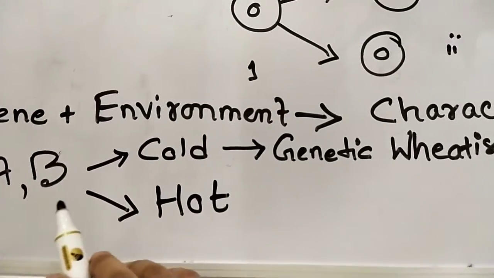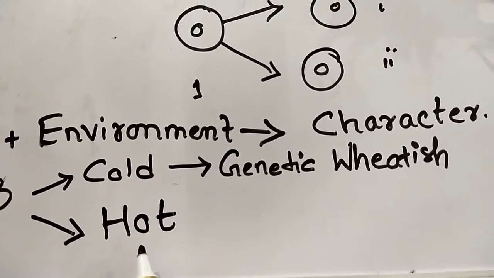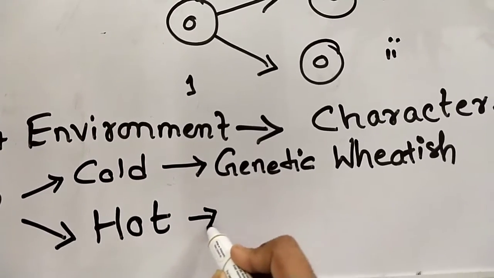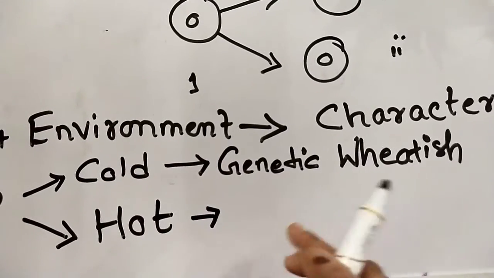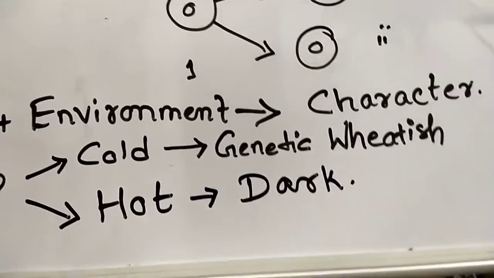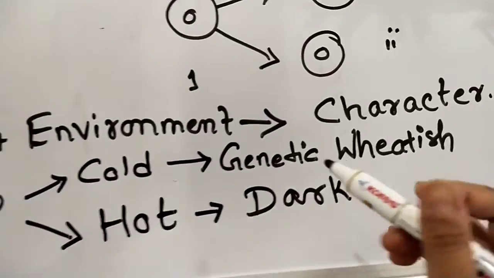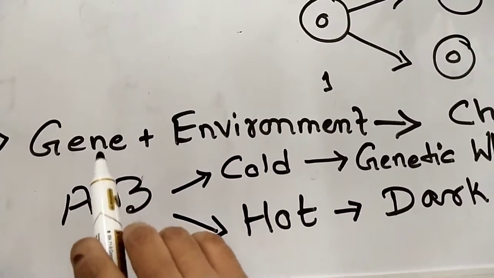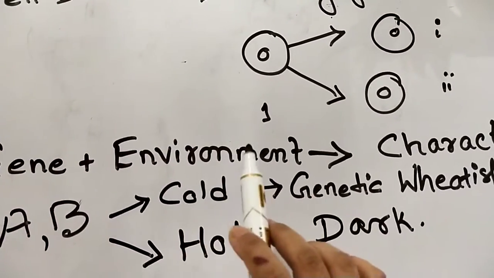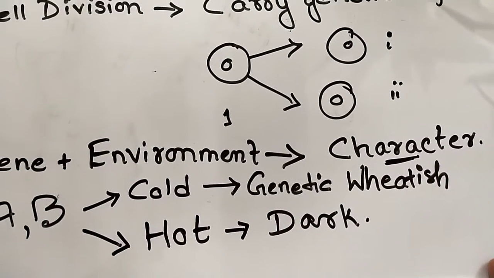But the twin baby that was placed in a hot climate since his birth, over a period of time, due to exposure to the heat and sunlight, his genetic color may be whitish, but his skin will turn dark because of the sun. That means in determining the skin color, we cannot say only genes are responsible. Both gene as well as environmental conditions decide how the character will end up during the maturity of a person or of an organism.